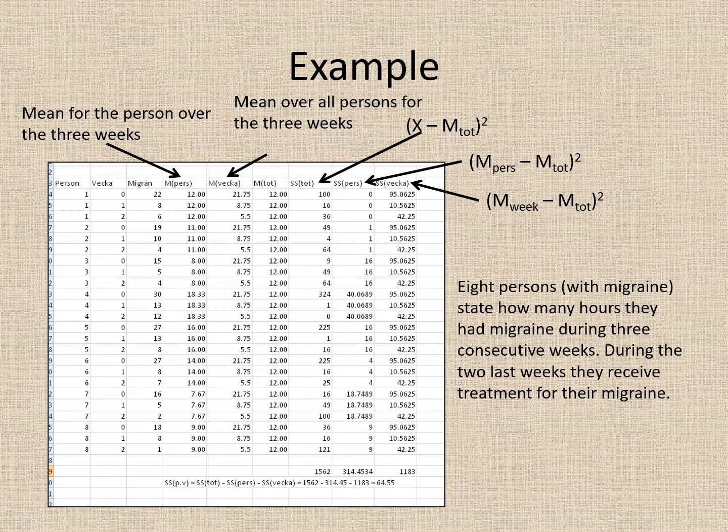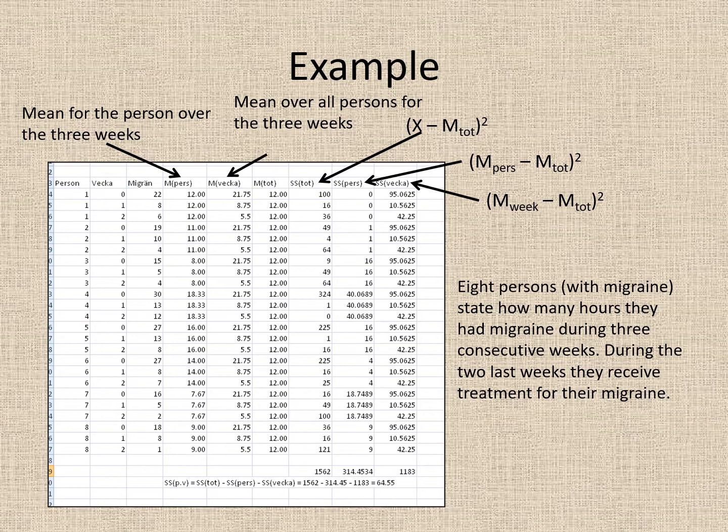The average, the mean for each week: 22 for week 0, 9 for week 1, and 5.5 for week 2. So the week mean, week average. Okay, total mean, 12. Total sum of squares: we take each value, migraine, minus total mean, square it, take the sum here.